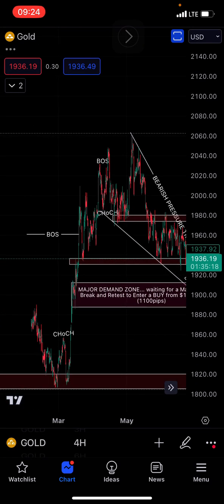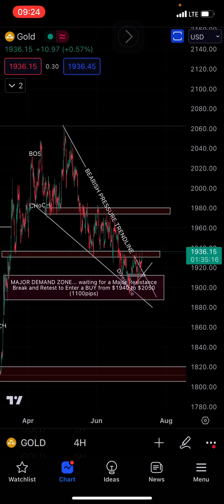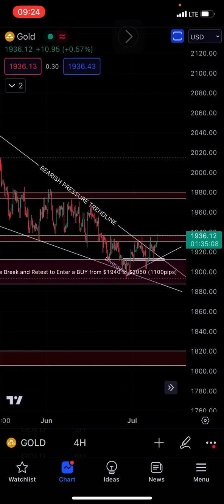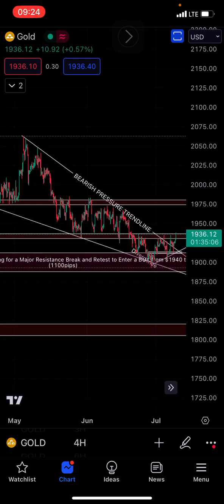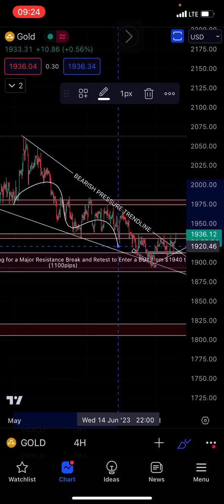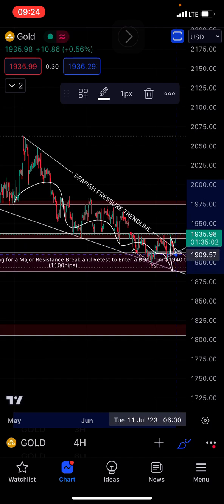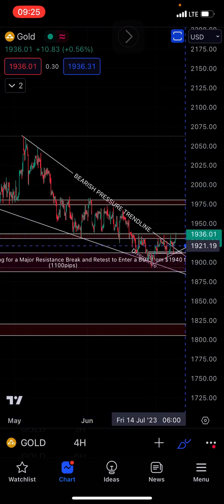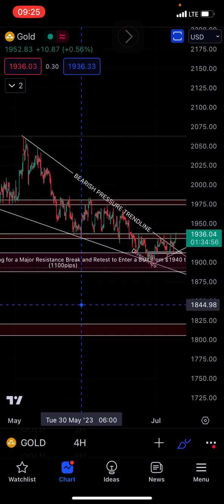Okay, this was a major demand, waiting for a major resistance break and retest to enter from 1940. So from what you're seeing here, gold has broken out from this falling wedge already and came back, retested it, breaking up. So I need that fourth leg to enter, that fourth Elliott wave leg to enter.